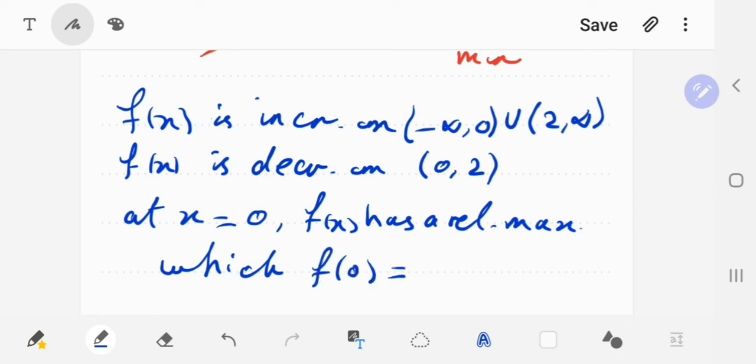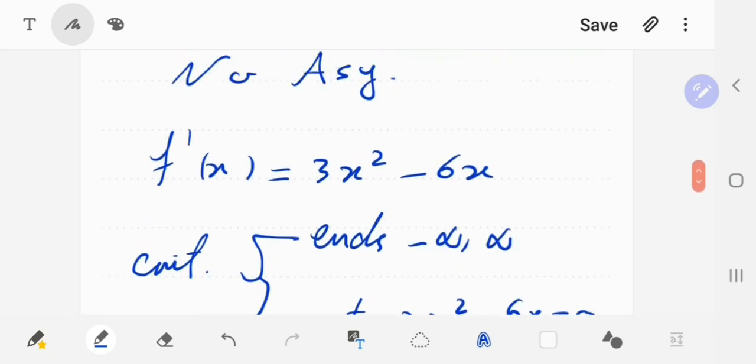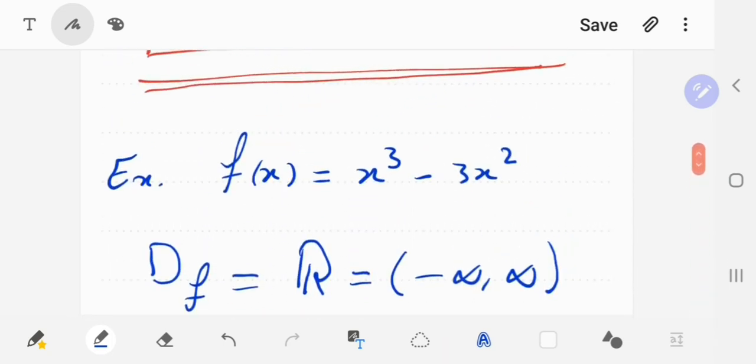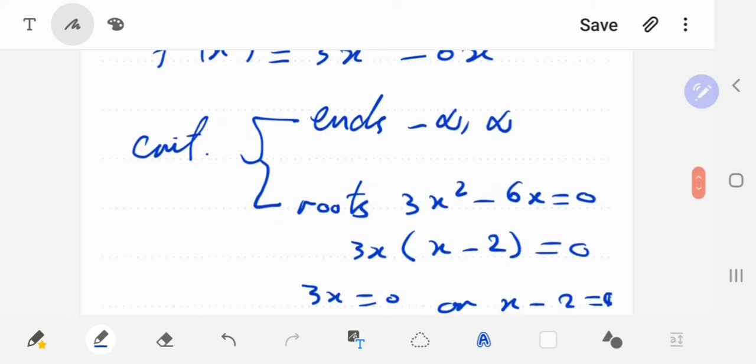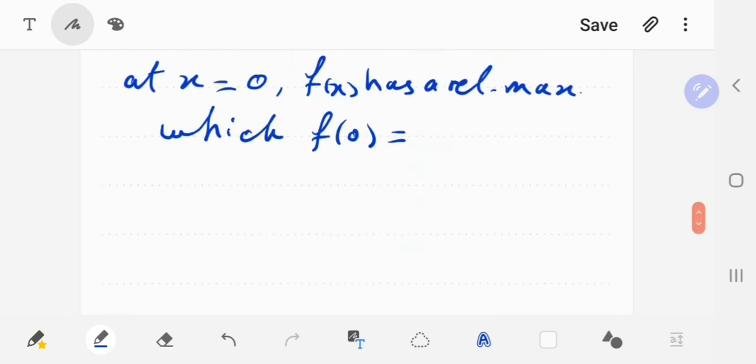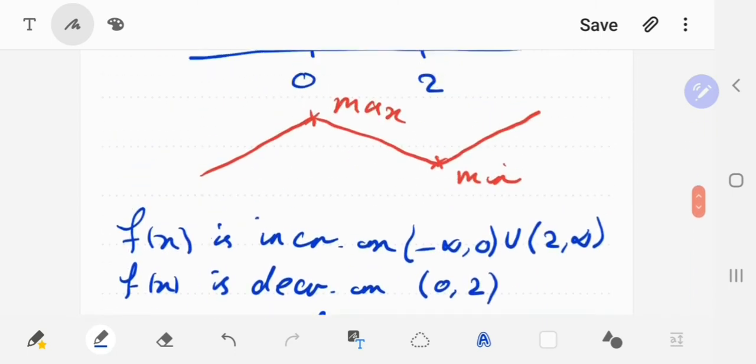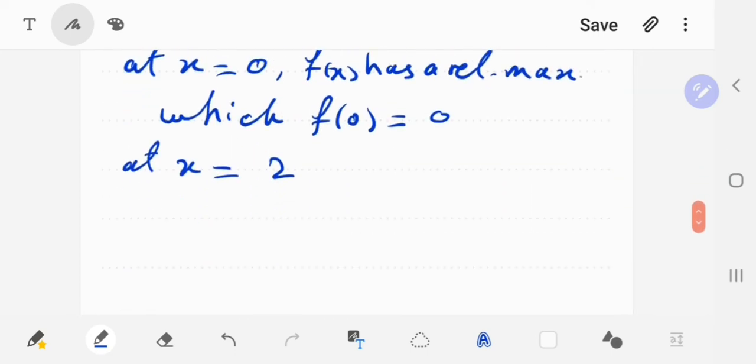And of course, we can evaluate f of 0 from our original function here in this place. So 0 minus 0, that will be 0. And of course, at x equals 2, we have a minimum value.